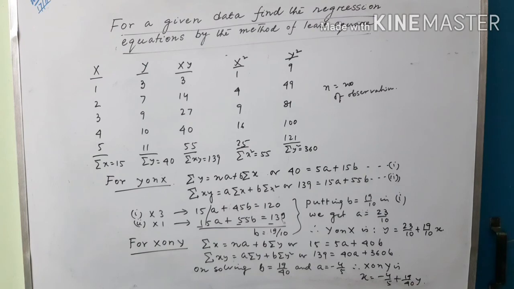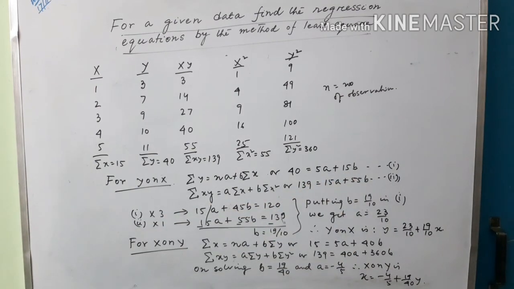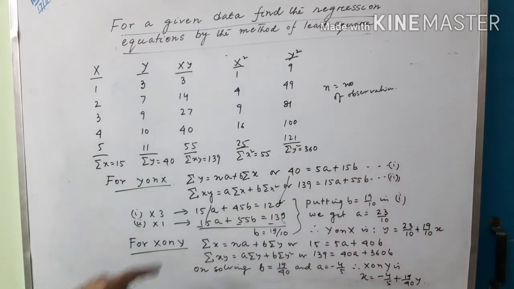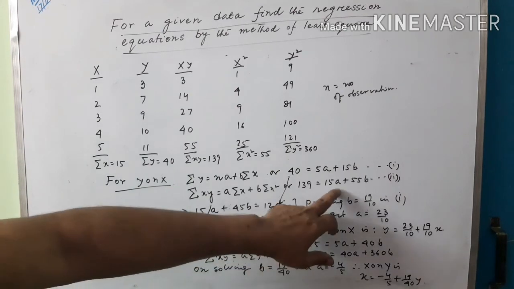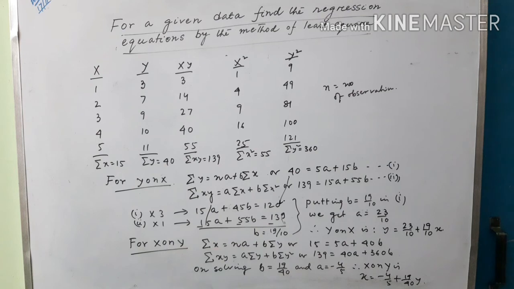We get 15a plus 45b equals 120. Equation 2 remains the same: 15a plus 55b equals 139. Subtracting, 15a will cancel, and solving we get b equals 19 by 10.